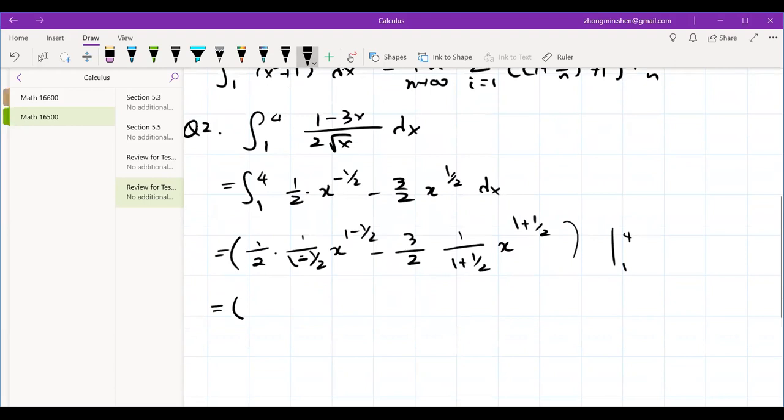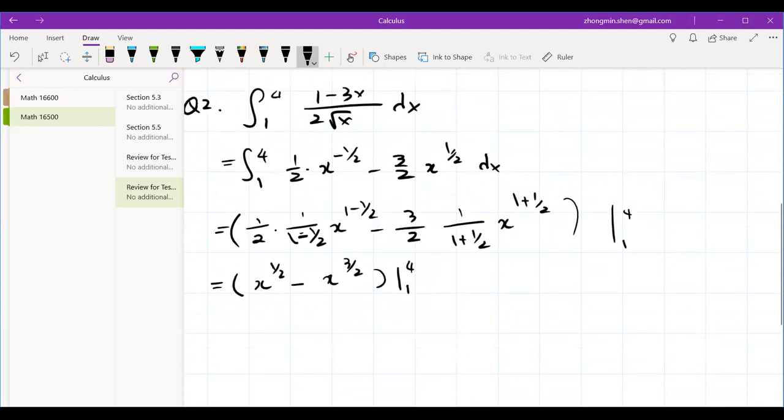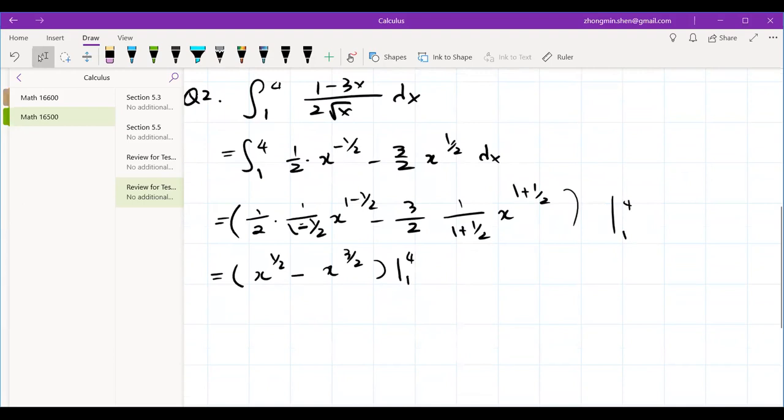So this is going to be just x to the 1/2, and this will be just x to the 3/2. Okay, when you differentiate, you get the above function. All right. So now you have to put in 4 to the 1/2, 4 to the 3/2, minus 1 to the 1/2, minus 1 to the 3/2.